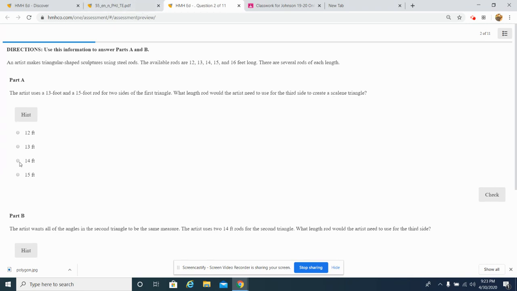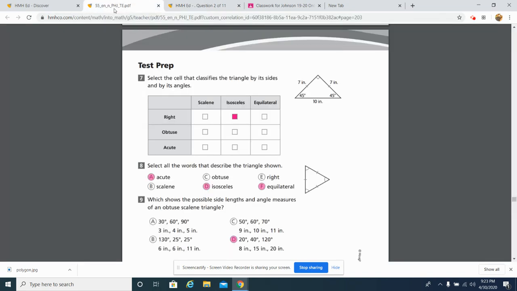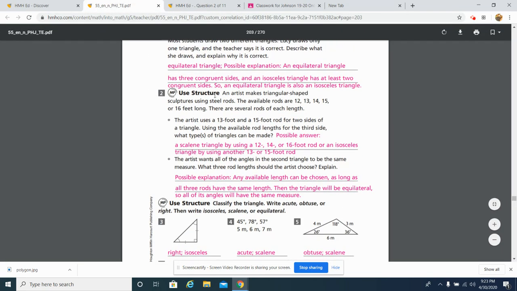So 14 would work. Why won't 15 work? Because that would make us have two sides that are the same. 13 is not going to work because two sides are the same. But what about 12? I'm interested to find out about 12. Okay, it says you could use 12 or 14, so either is right.